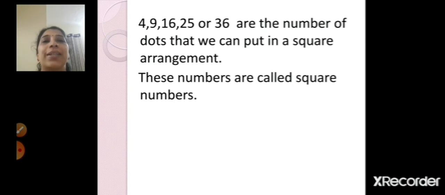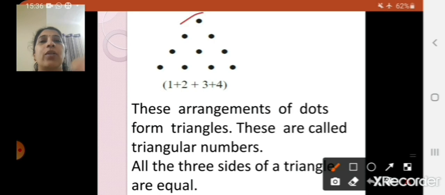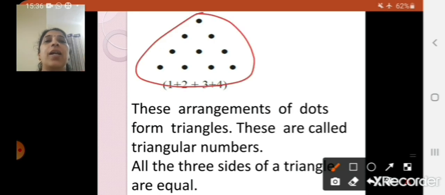So 4, 9, 16, 25 or 36 are the numbers of the dots that we can put in a square arrangement. And these numbers are called the square numbers. Okay. So now what are the triangular numbers? Triangular numbers means which forms a triangle. Now you can see here the arrangement of the dots. It is in the form of a triangle.